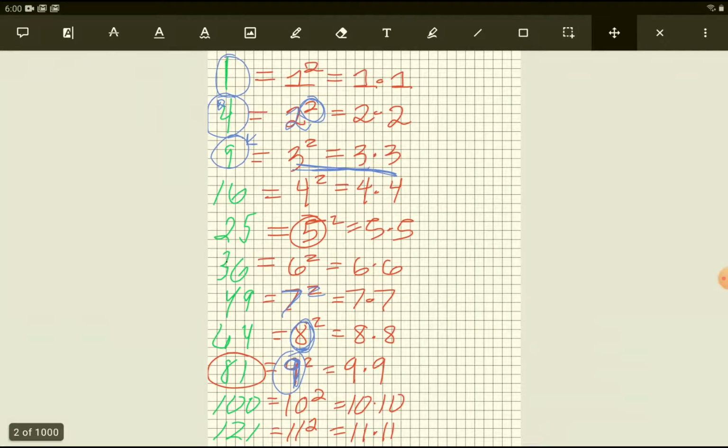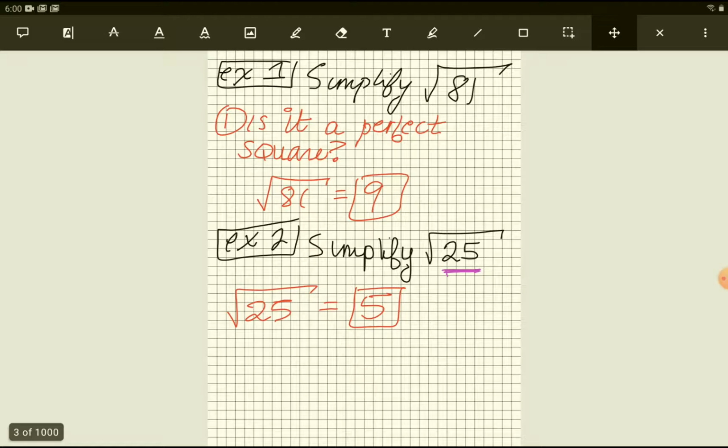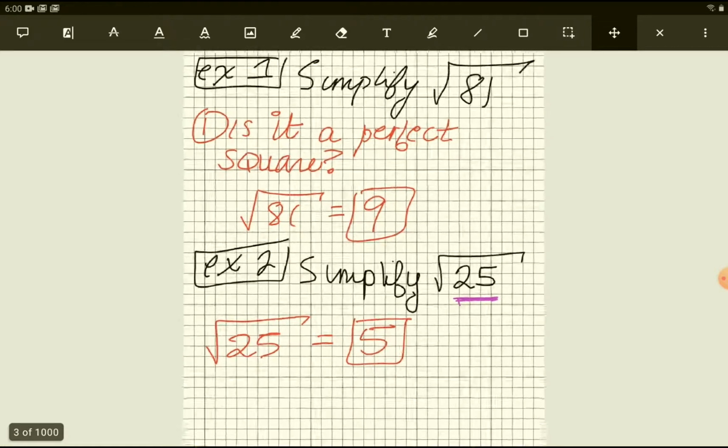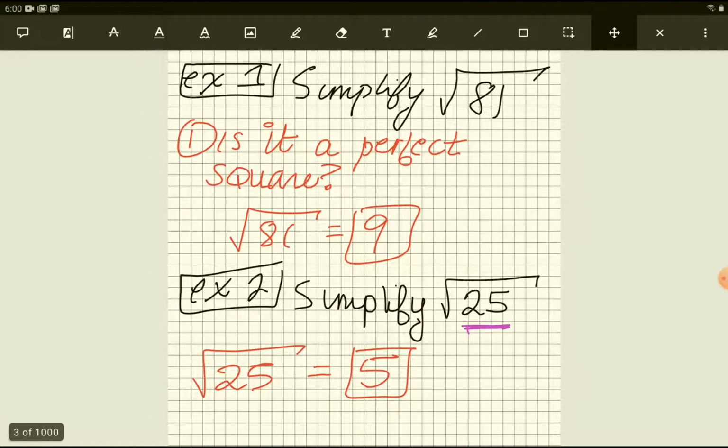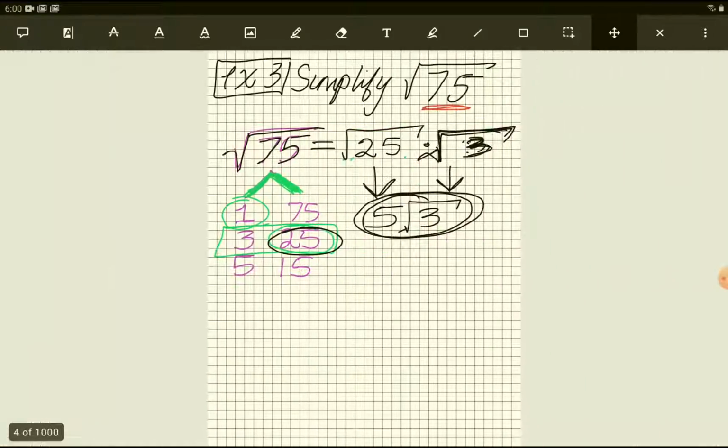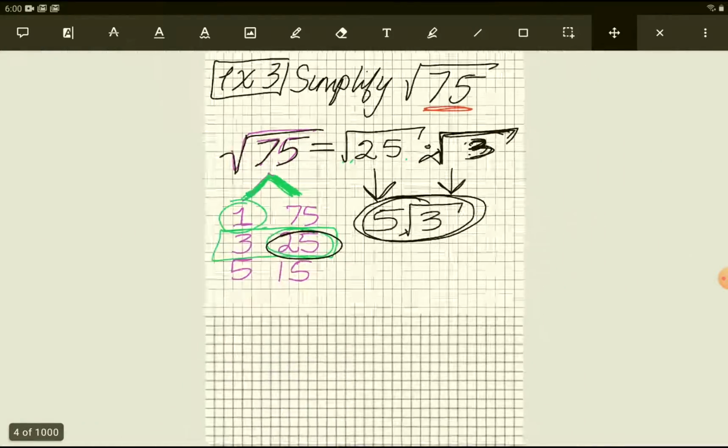So, guys, that's really it. This list is honestly the most important thing. You just have to know the perfect square numbers, and you'll be fine. These obviously work out really nicely when the number inside the radical is a perfect square, but most of the time they will not be perfect squares.